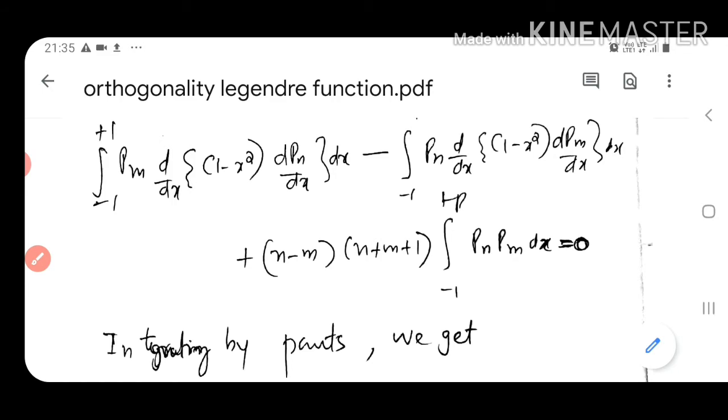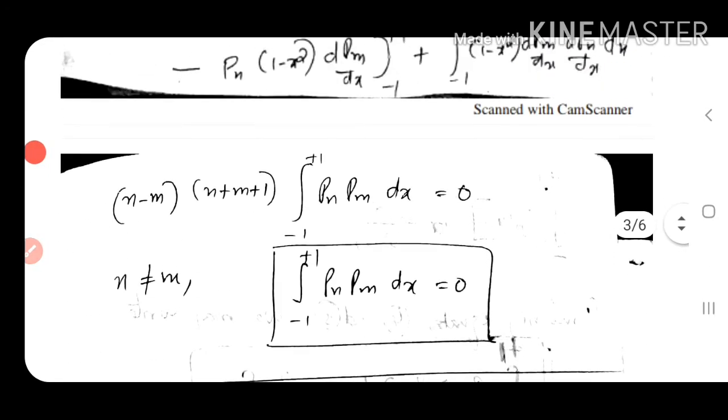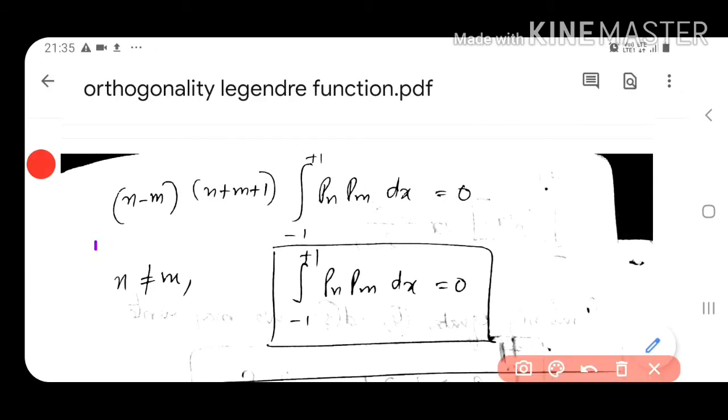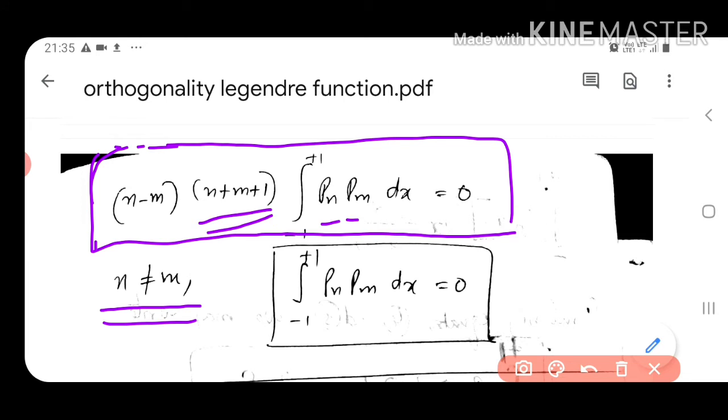Okay, so that is written here: (n minus m)(n plus m plus 1) times the integral from -1 to +1 of Pn(x) Pm(x) dx is equal to 0. So if n is not equal to m, then the rest of these terms have to be 0, but this one is non-zero.